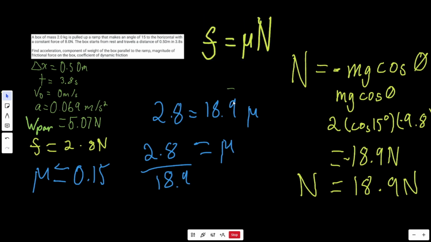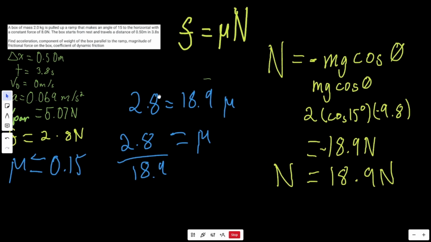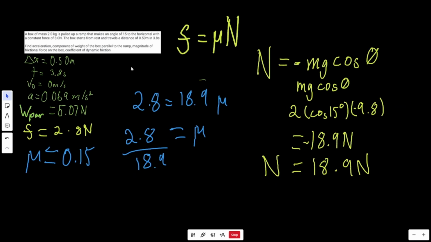Friction is equal to the coefficient of dynamic friction times the normal force. Of course, if the question gives you the normal force and the coefficient of dynamic friction, then you don't need to go through everything that we just did to solve for friction. So yeah, that's basically it. To recount what we did for this final part, we used this formula and we derived first our normal force, and then we solved for friction.